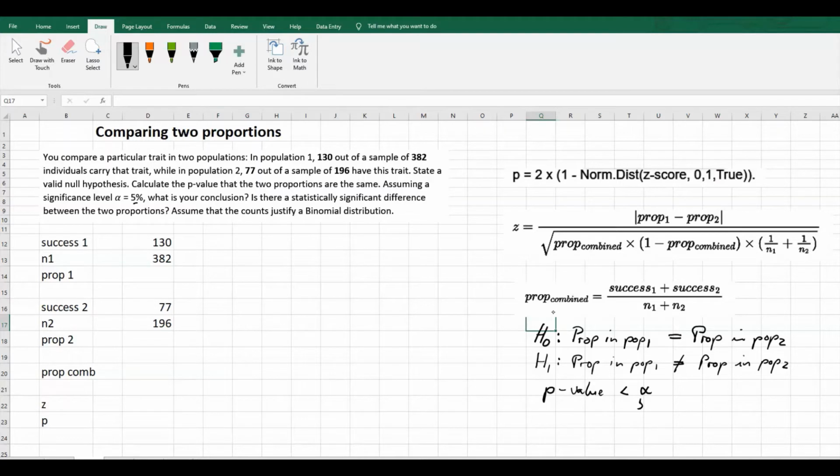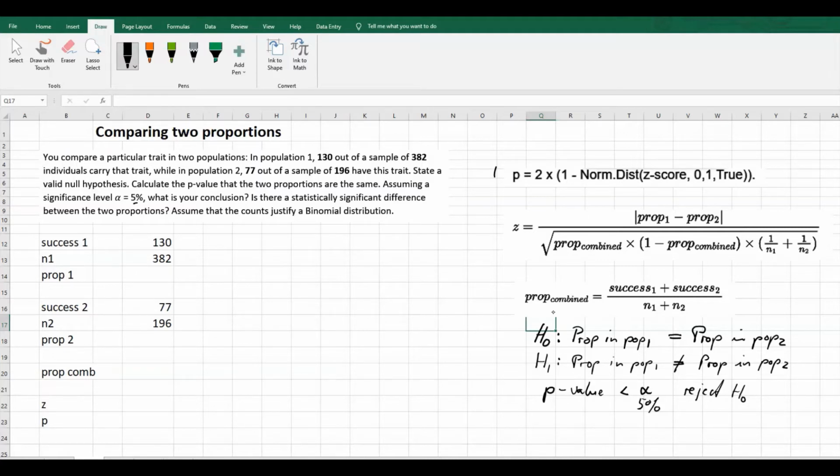And if the p-value that we calculate with this equation is smaller than alpha, we would reject the null hypothesis. And you remember, if p is low, then H0 must go.